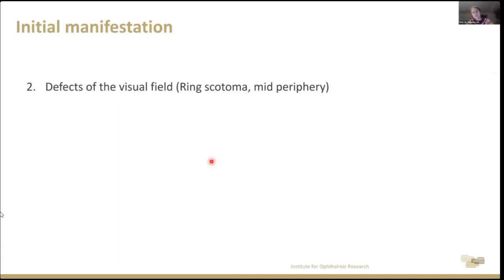The initial manifestation is often night blindness because of the rod functional decrease, and sooner or later we have defects of the visual field, mostly ring scotomas, starting in the middle periphery, but can be developing also from the far periphery and closing to the center.